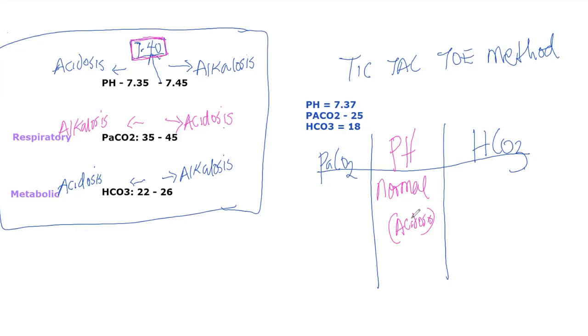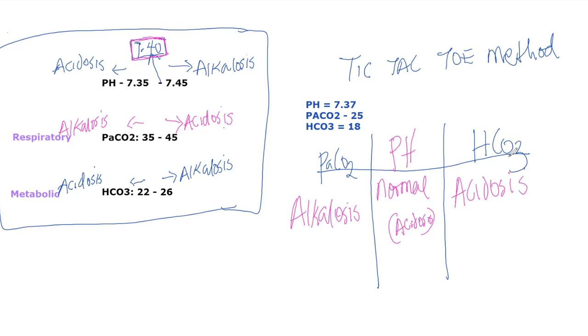Going back to our reference point, 25 means it is alkalotic because it is less than 35. And our HCO3 of 18 is less than 22, which makes it acidosis.